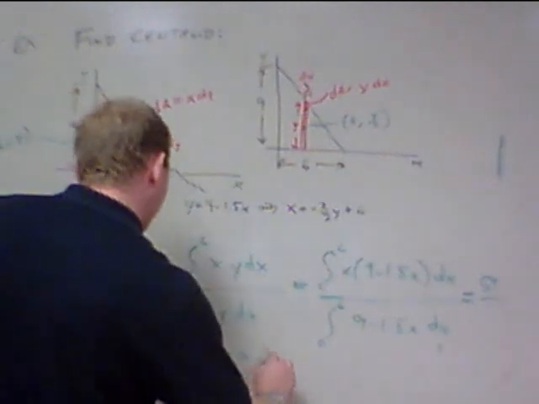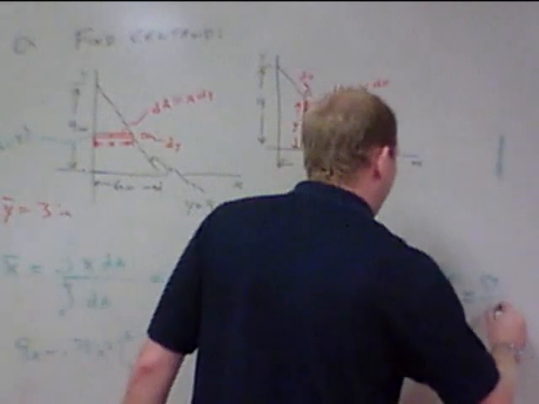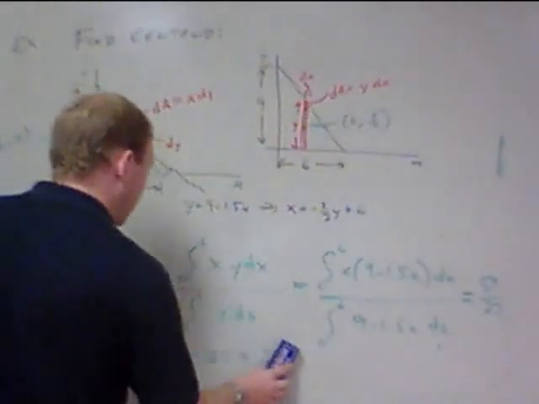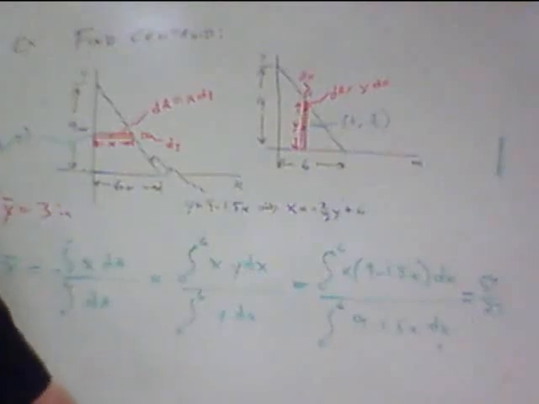So it equals 27. 54 over 27 is simply 2. So just like we expected, x bar equals 2 inches.